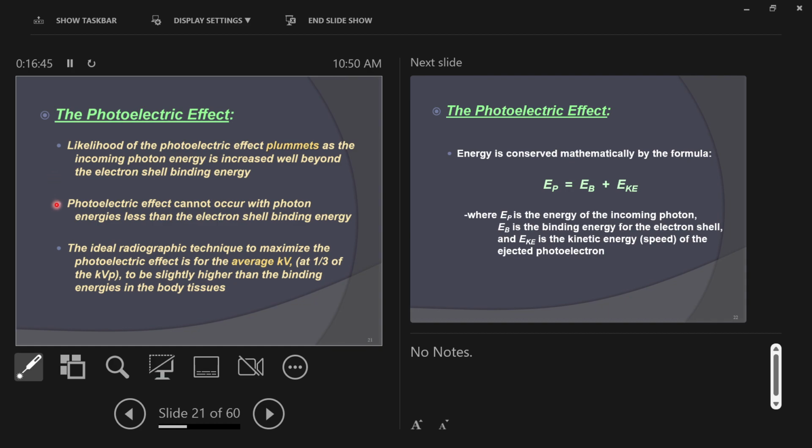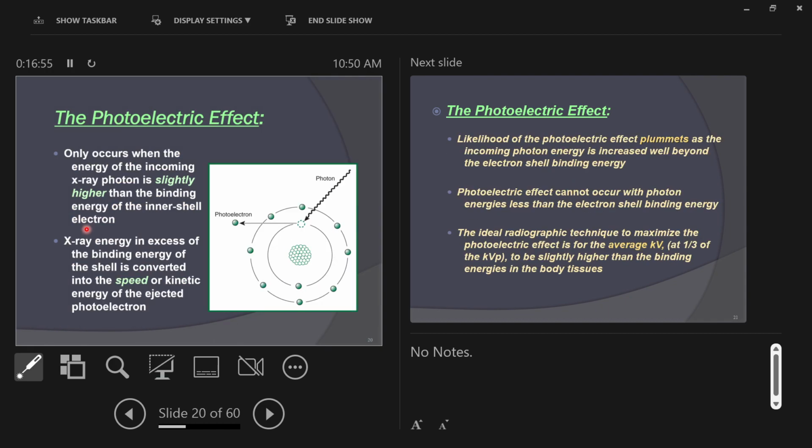The photoelectric effect cannot occur if the photon's incoming energy is less than the electron's binding energy. So let's go back to this picture. If this electron were here, and it were bound with, let's use the same thing, negative 57 keV, we're just making a number up, and this incoming photon had 56.